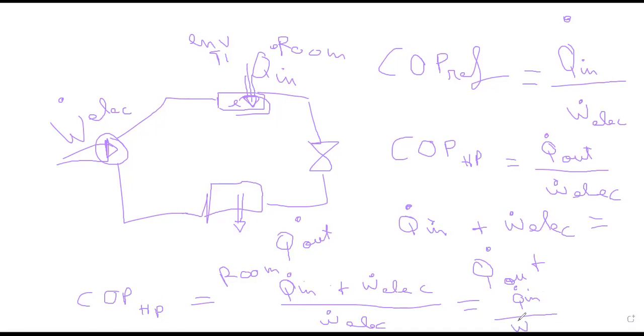And Q dot in over W dot electric is the COP of refrigeration. This is why the COP of heat pump is always larger than the coefficient of performance for refrigeration cycle.